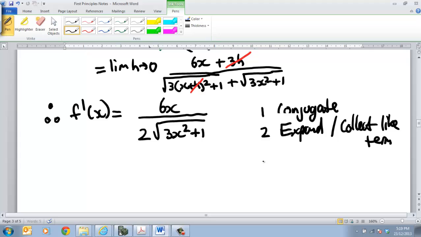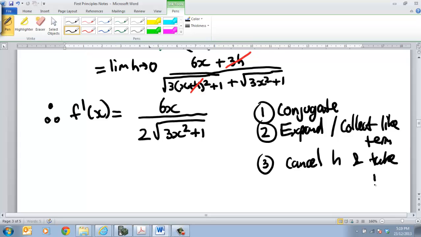And then the third step is to do what? Well, cancel h and take the limit.